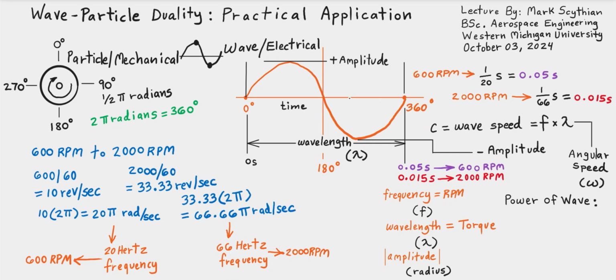So we can then make the scaling factor for 600 RPM 1/20th of a second, or a time period of 0.05 seconds. So that's written here in purple. And then 1 over 66.66, of course it's been rounded down, it should be 67, but we'll just demonstrate 1 over 66.66. So it's approximately 0.015 seconds time period per cycle at 2000 RPMs.